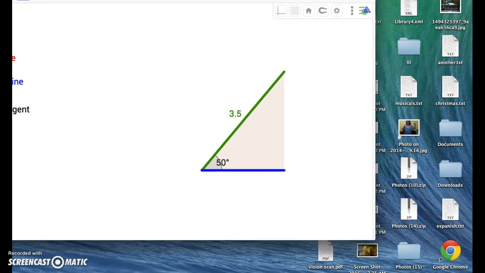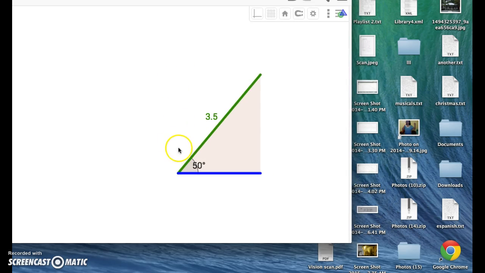Here's a triangle that has a hypotenuse and a missing adjacent and a missing opposite. Let's suppose that we want to know the blue line, the adjacent, but we know the angle. So you have two pieces, and you want the last piece.